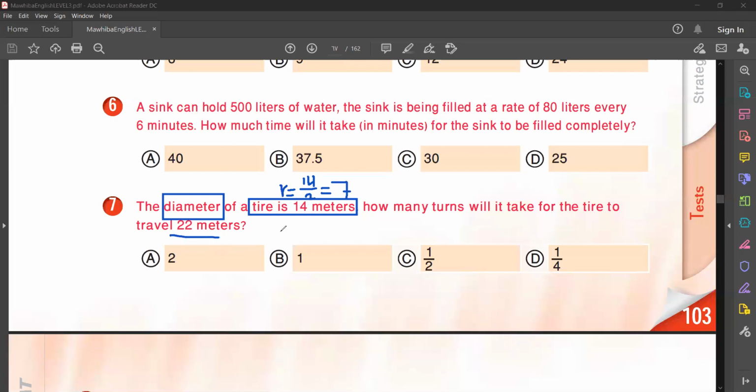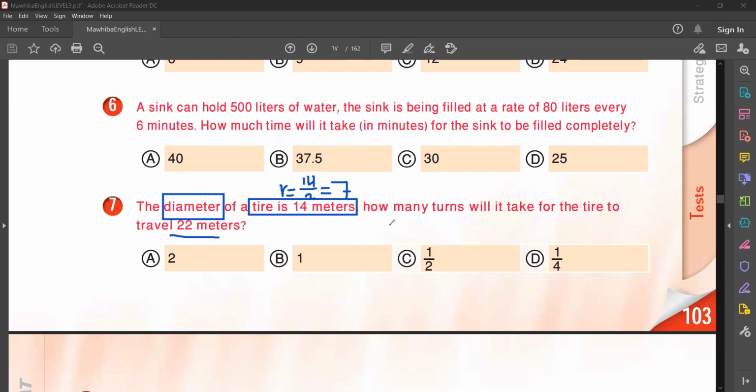So we find the circumference, that's what we call it in English, or perimeter.